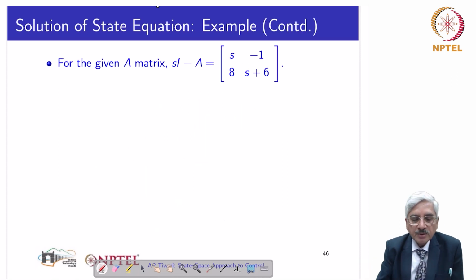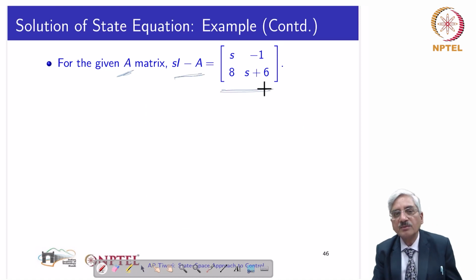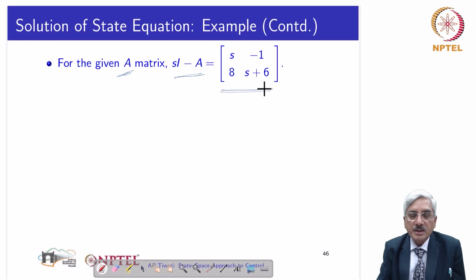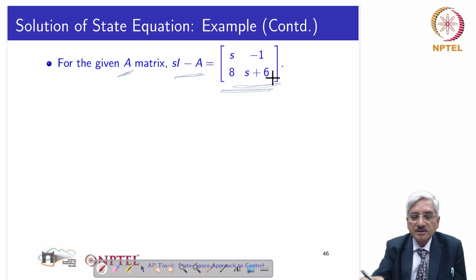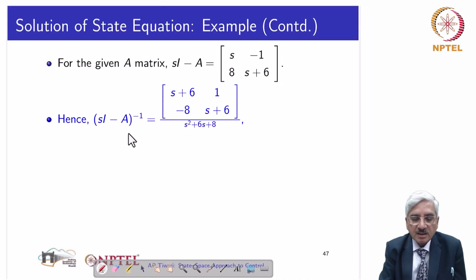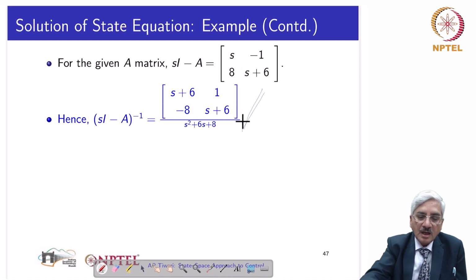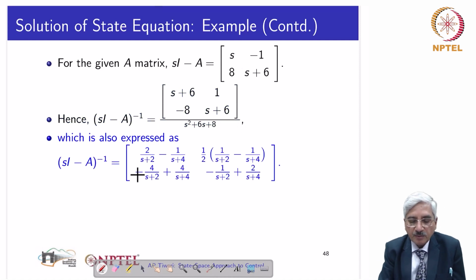So what we do is we see the A matrix, and from that we set up sI minus A. Essentially I am going to use the resolvent to obtain the state transition matrix of A. So sI minus A is this, and from that sI minus A inverse comes this much, and Laplace transform will be obtained.